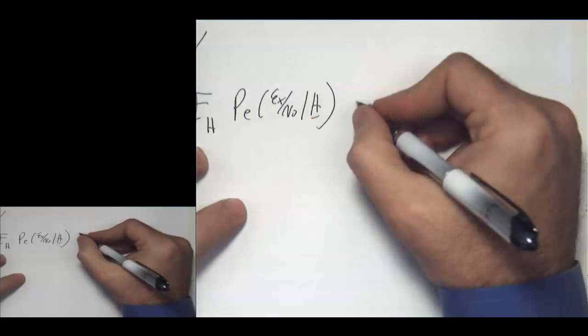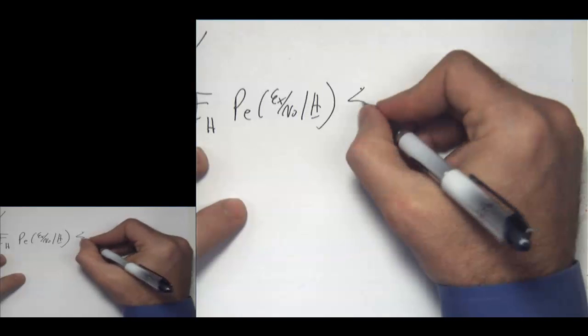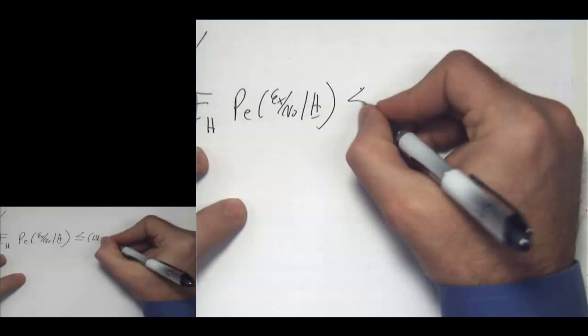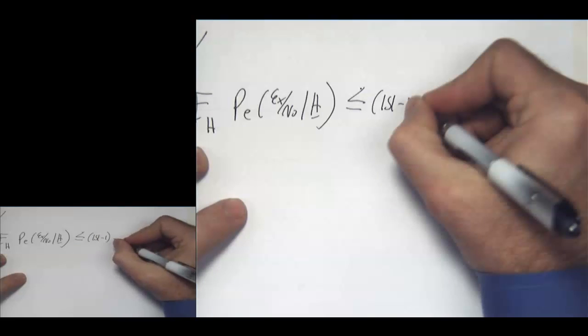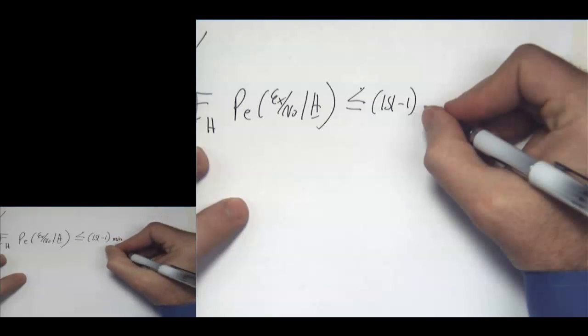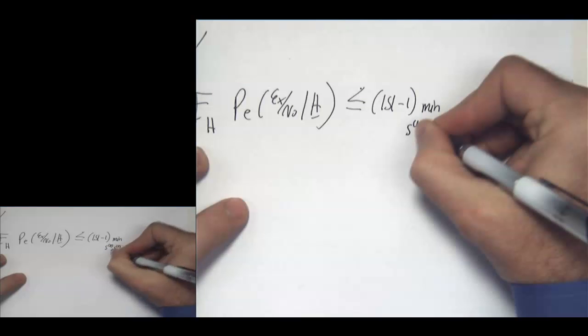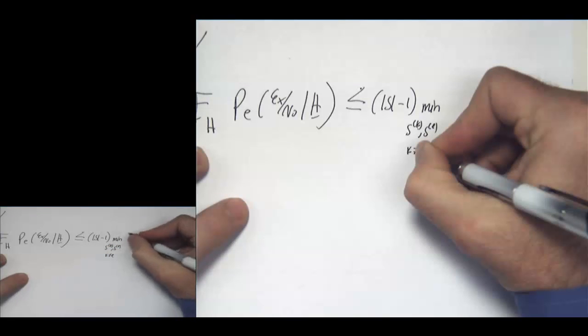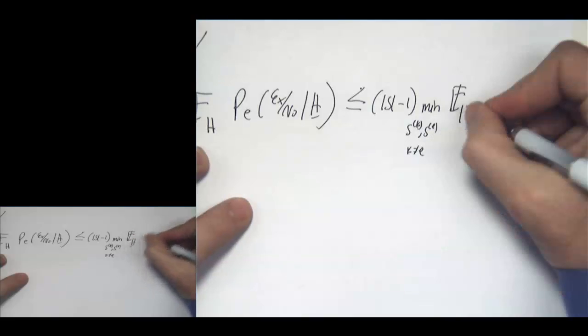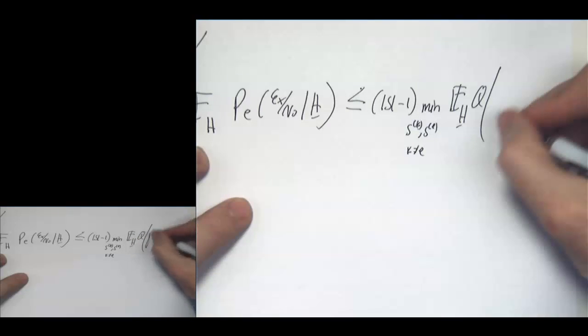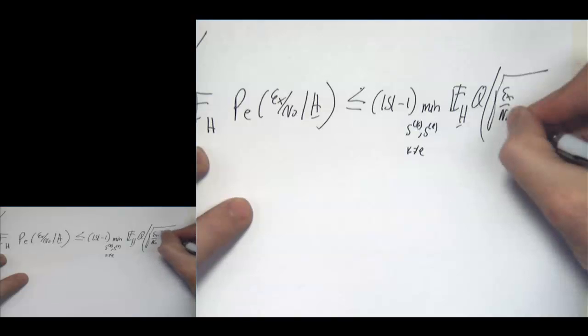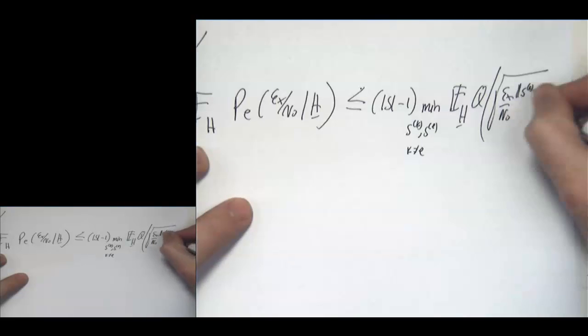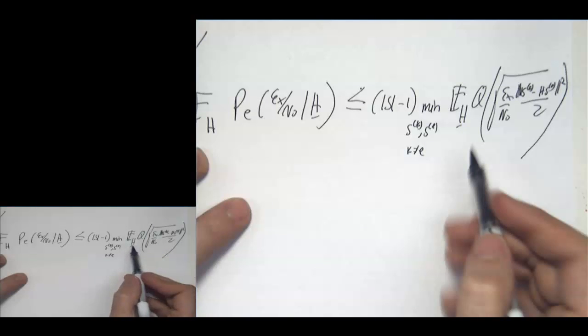And that's less than or equal to s minus 1 times the min over s_k, s_l of the expected value over h of Q of the square root of Es over N0 times, oh shoot, I forgot the h, norm of h(s_k minus s_l) squared over 2 here. And the new feature is we're going to take the expectation now.